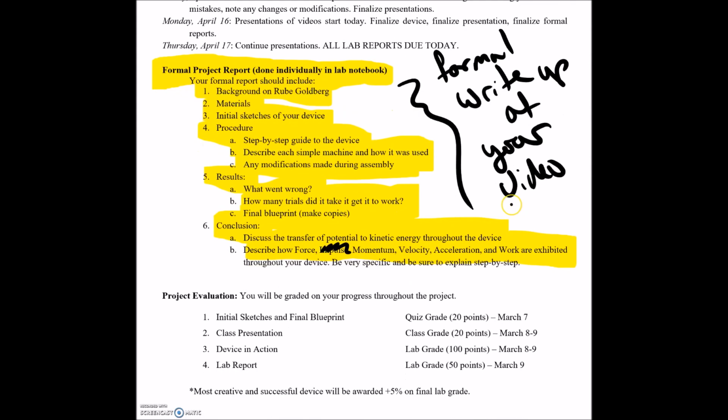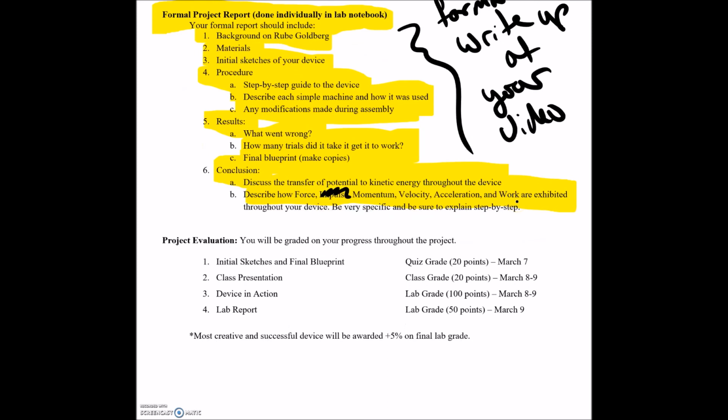And then down here we have how your project will be evaluated with each one of those points. Class presentation, that is the same as the video. So what we're going to do is we're going to share our videos in class with the rest of the group. We're all going to watch, and that is how we will grade that class presentation.